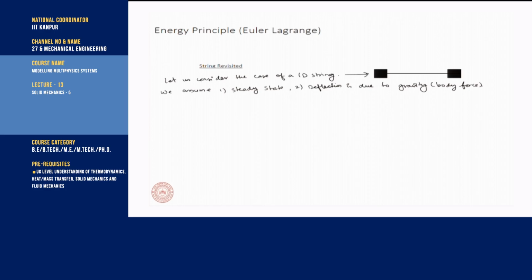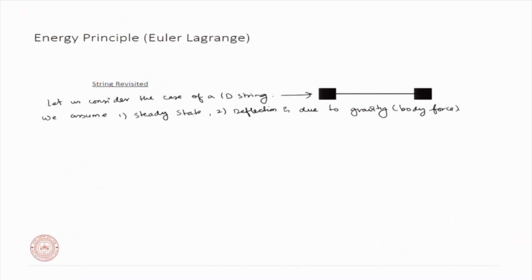Okay. So, the string or this thin thread is being held at the two ends, and the deflection is under its own weight or due to gravity, right. That is one assumption, and second is that it is steady state, and I will show you where you can make this change. So, any kind of body force will work, it does not have to be gravity, any other force will work. For now we are taking gravity as a representation.